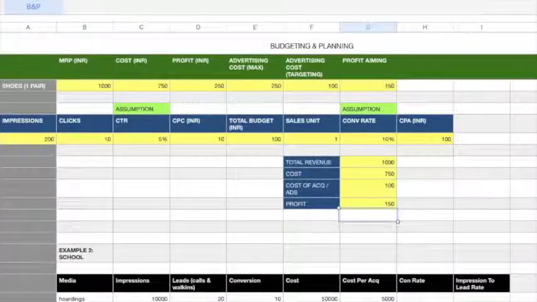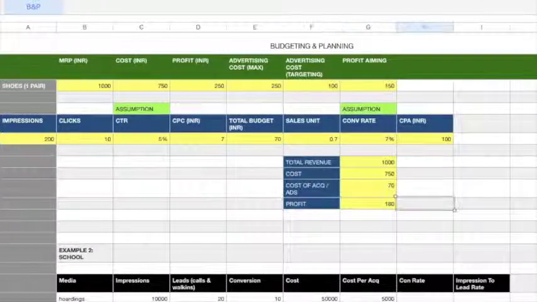That's your profit. Fine. Now if I change anything here, look at this. If I change this to 7%, what happens? Everything changes, right? My profitability changes. My profit is now higher at 180 bucks because of this conversion rate.